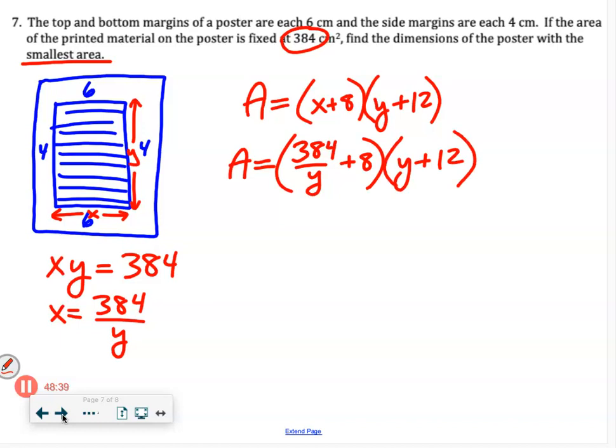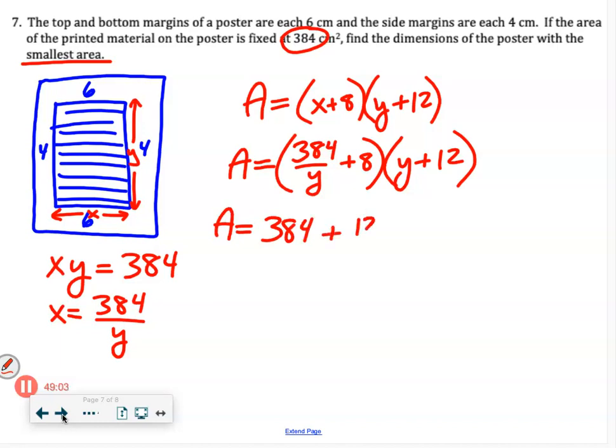Y plus 12. Now, for the derivative, do you want me to multiply this out first and then differentiate, or do you want me to differentiate with product rule? Again, it's potato banana. Multiply it out first. Is that what you guys would have done? Okay. So our area equals, so we end up with 384, because the Y cancels, right?